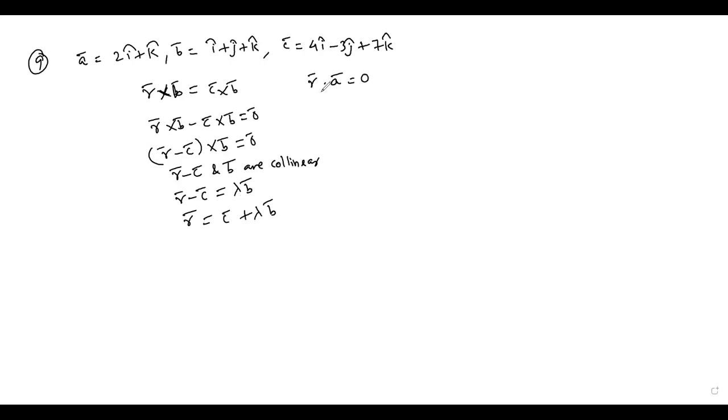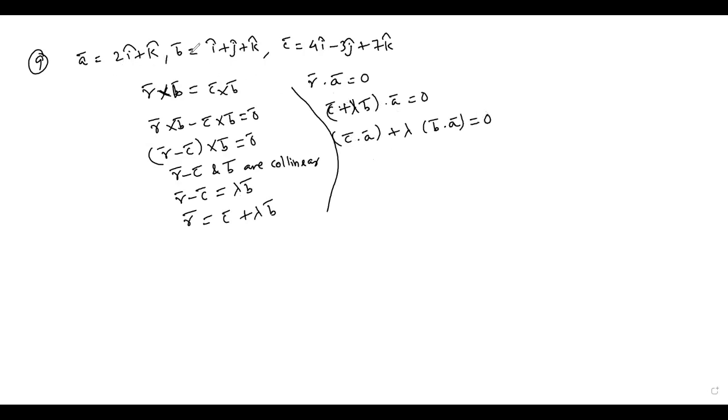Here now R bar dot A bar is also given 0. We don't know R bar first of all. Now substitute here R bar. What is R bar? C bar plus lambda into B bar, dot A bar equal to 0. C bar dot A bar plus lambda into B bar dot A bar equal to 0.